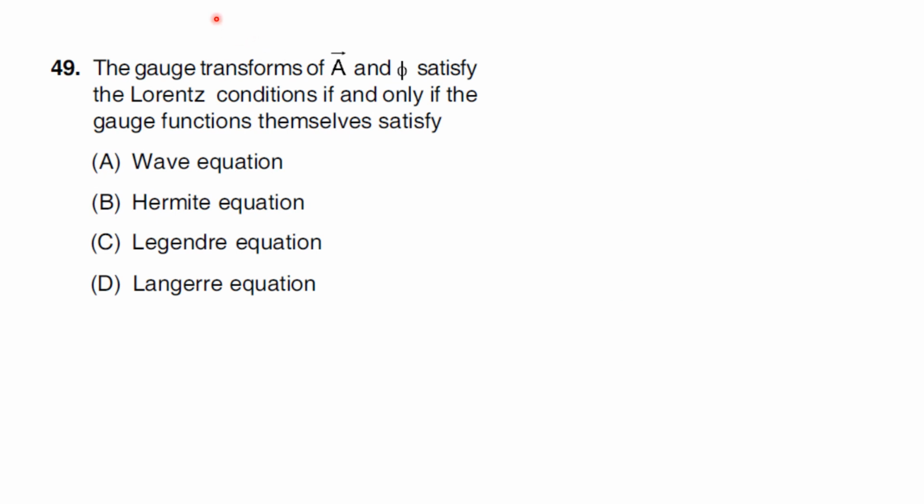The gauge transforms of A and phi satisfy the Lorentz condition if and only if the gauge functions themselves satisfy. Here, the Lorentz condition for gauge invariance is given by del dot A plus mu epsilon dou phi by dou t, where A is vector potential and phi is scalar potential, and this condition is said to be the Lorentz condition for gauge invariance.